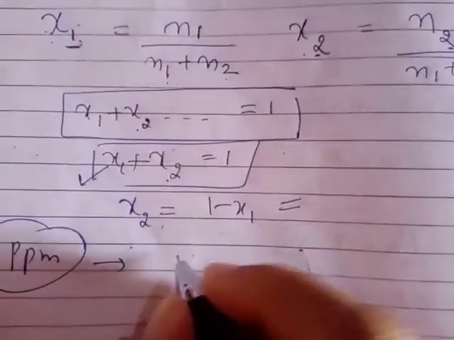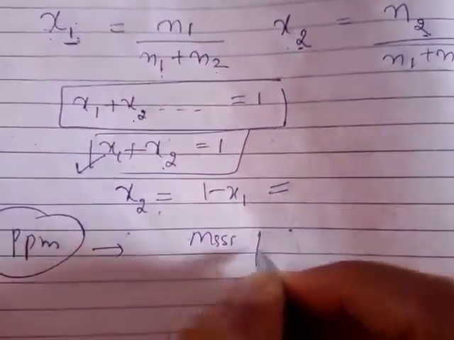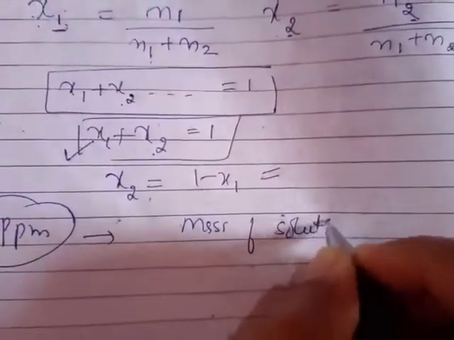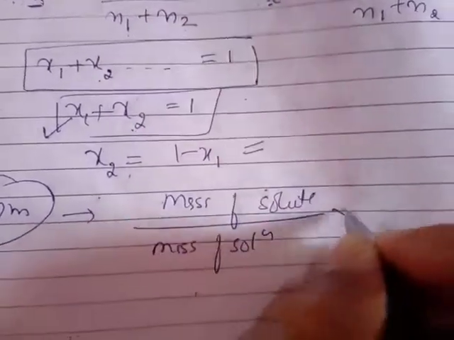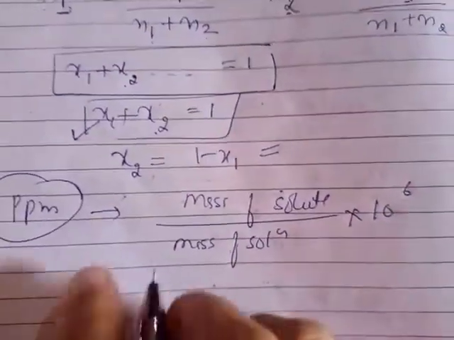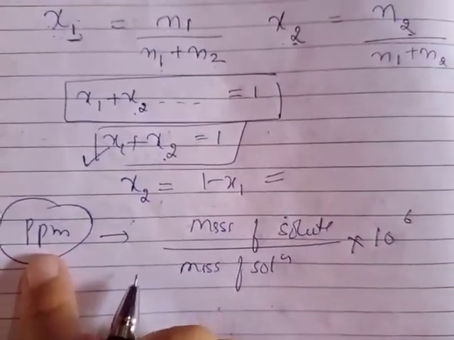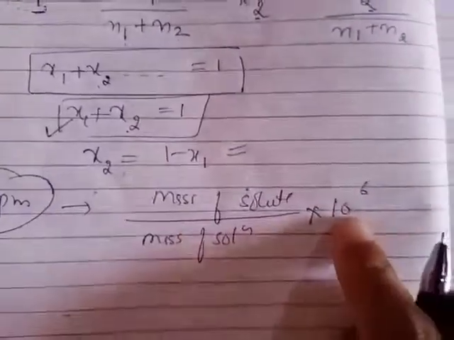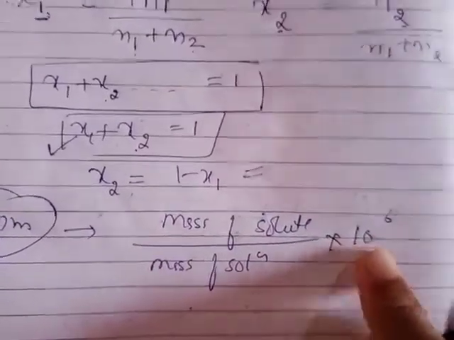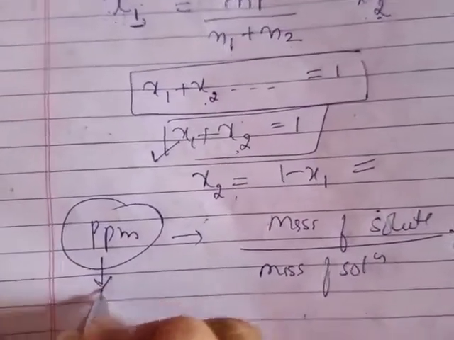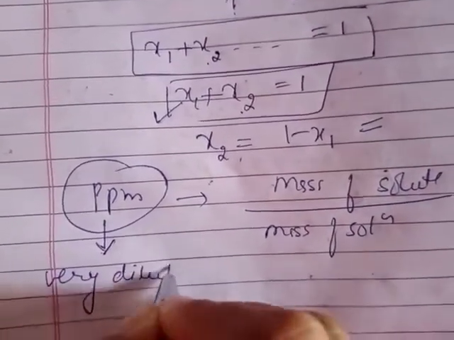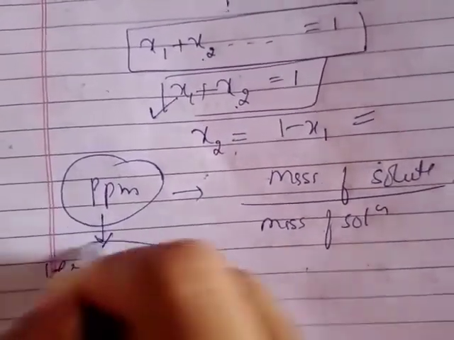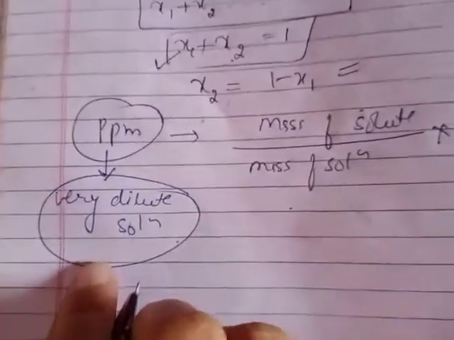Therefore ppm is equal to mass of solute divided by mass of solution multiplied by 10 raised to power 6, because the parts of the solution we have taken are in millions, so the value here is 10 raised to power 6. This concentration term is used to express the concentration of a very dilute solution.